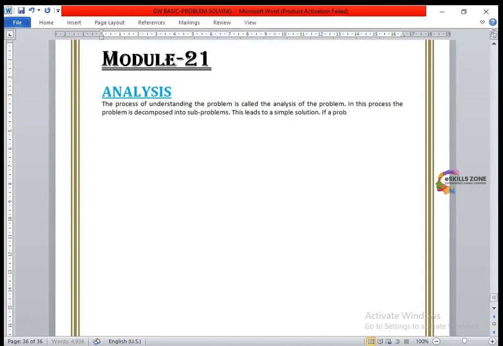If a problem is not analyzed correctly, it is not possible to find the correct solution of the problem.